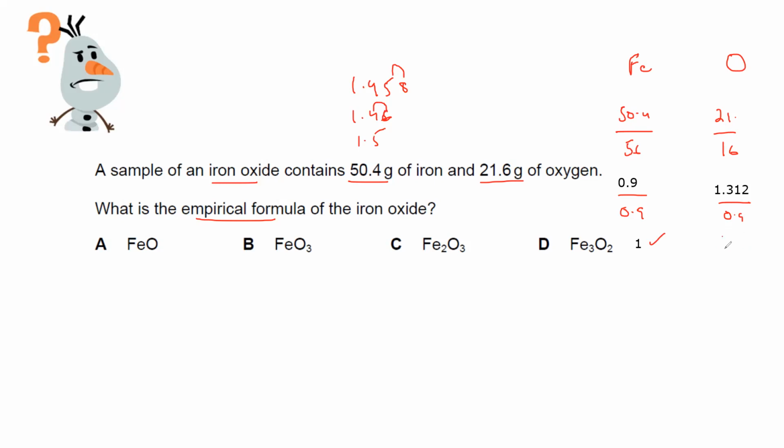So one is 1, another one is 1.5. So what we do, if one of the values is 1.5, 2.5, we multiply both of them by 2. So this will be 2 and this will be 3. So what is the right answer for the empirical formula of the compound? Fe2O3 will be the right answer.